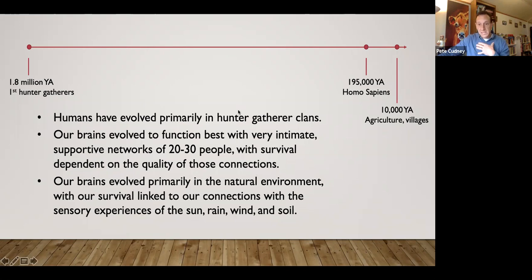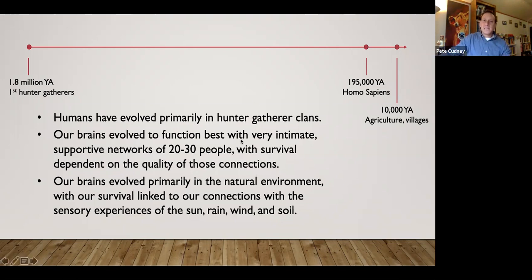What that means is that our brain evolved to function best in groups of around 20 to 30 people, where we have intimate connections and our survival is dependent on those relationships. And our brains also evolved in the natural environment, where being in tune with the rhythms of the weather, the sun, the rain, and the soil was all essential to our survival.